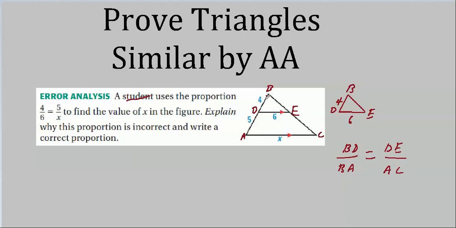You were probably never confused, but I was starting to confuse myself. So for BD we've got 4, for BA we've got 9. DE, well that's 6, and AC is X. And if I do more work over here, as you can see we get 4X equals 56... 4X equals 14.